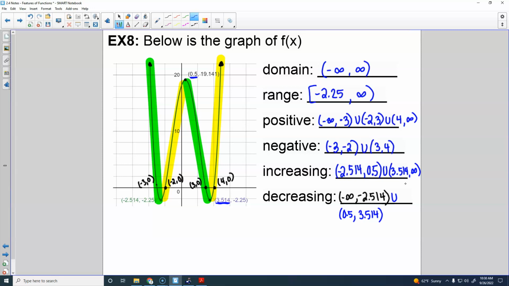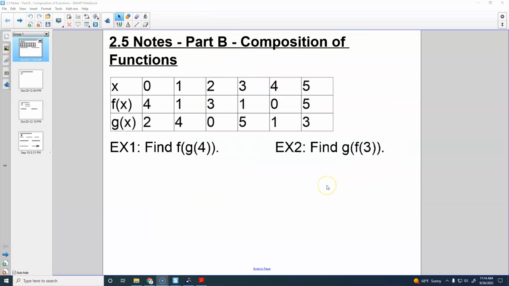All right, I have a quiz that we're going to do to practice this a little bit. So today we're going to do some more practice with composition of functions. I just wanted you to see a few different types of composition of functions that you might see. So these first couple are from a table.